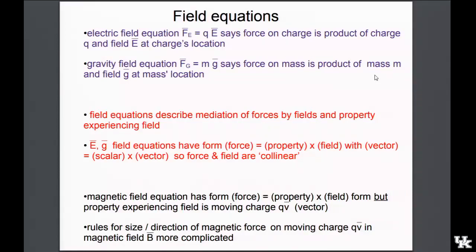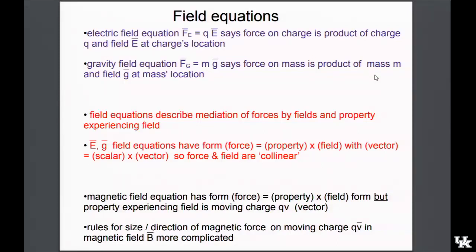It's not like mass, that's a scalar. It's not like charge, that's a scalar. It's actually a vector property of nature. It's the product of the charge and the charge's motion, the charge's velocity. So that product, I wrote it as QV, that property of that moving charge is a vector quantity.